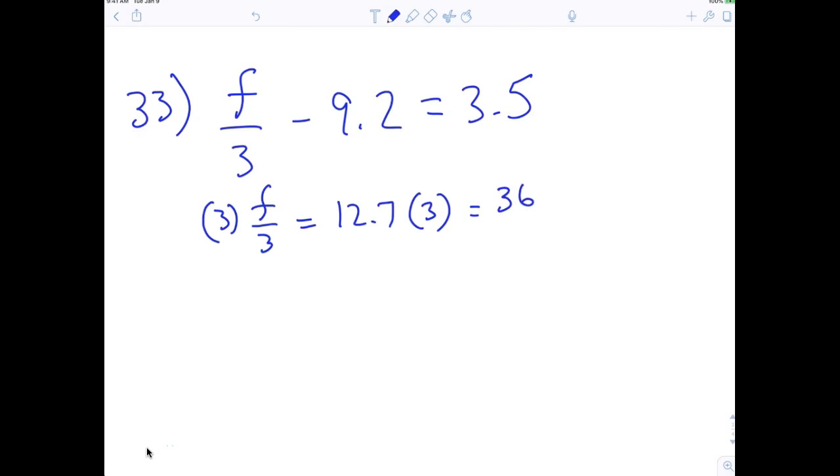Now think of this. If you have 70 cents, multiply it by 3. How much money would you have? What's 3 times 7? 21.